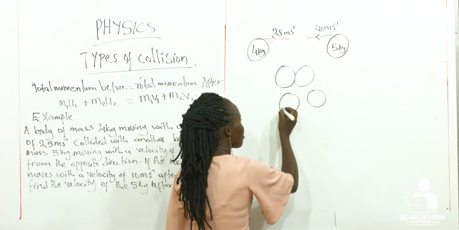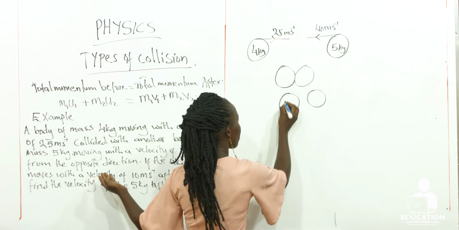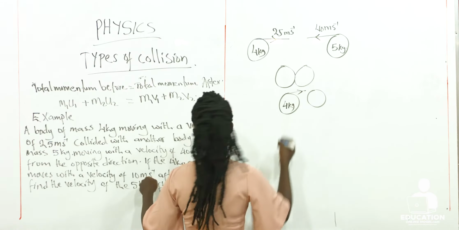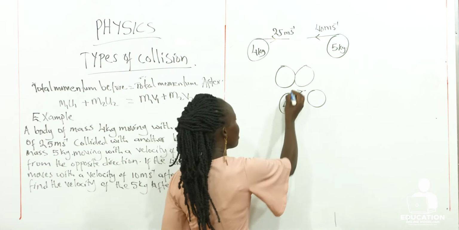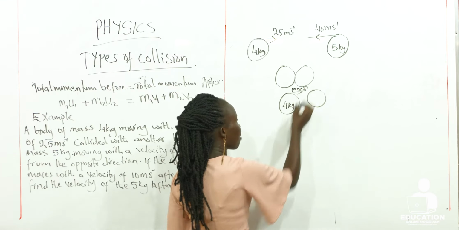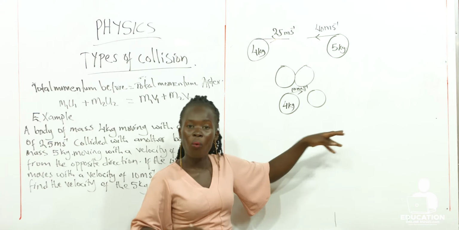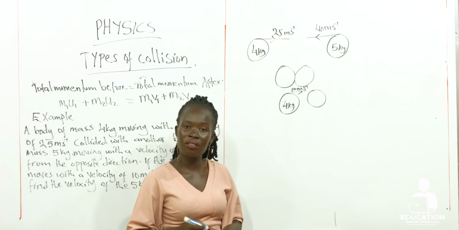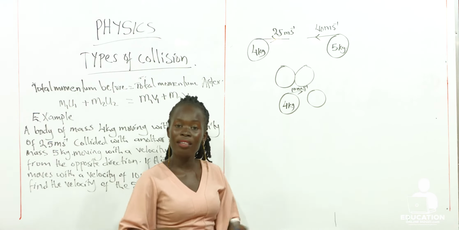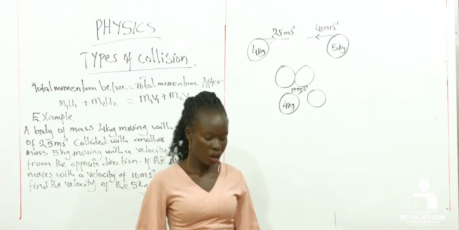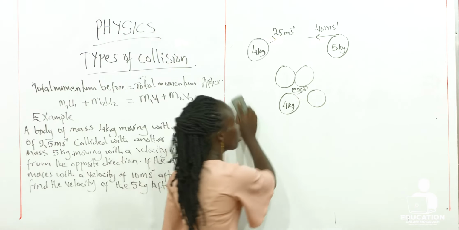One of the bodies, which is the 4 kilogram, started moving again with a velocity of 10 meters per second after crashing and separating. But what of the second one? Which velocity did it attain? What speed was it moving with after they crashed? That is actually what we are going to find.